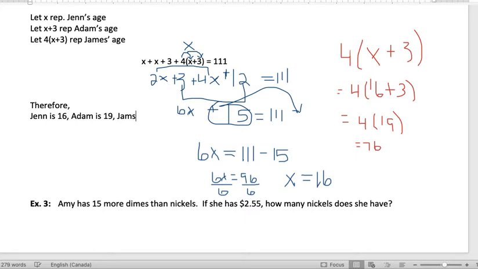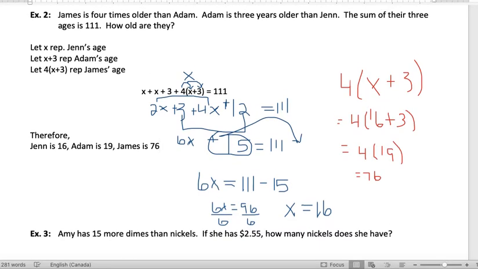So James is 76. So this is how you solve this question. When you get your x, make sure that you're subbing it back in to solve for your variables. It literally becomes the variable in this expression. So this is how you get all of their ages.